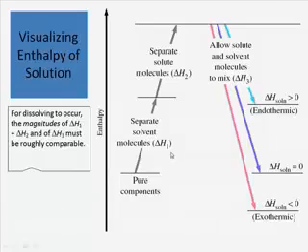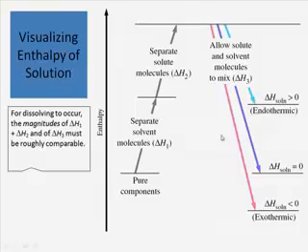Well, here's kind of a visualization. Our vertical axis here is enthalpy. Positive is endothermic, then coming down would be our exothermics. So here, we have an endothermic step separating the solvent, separating the solute, and then an exothermic step for the solvent-solute particles mixing.